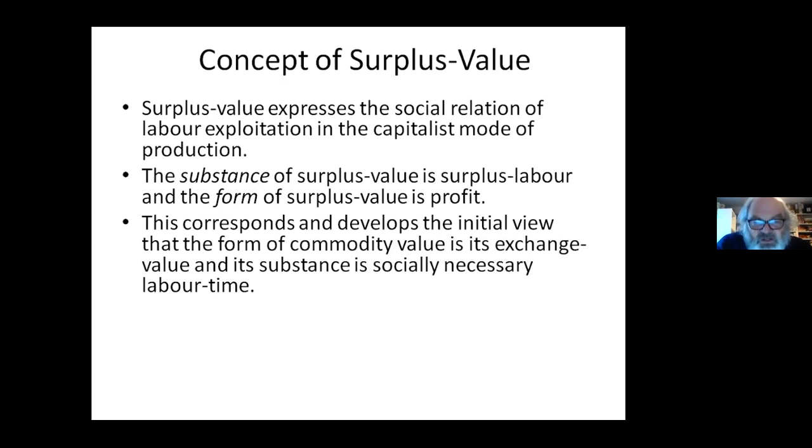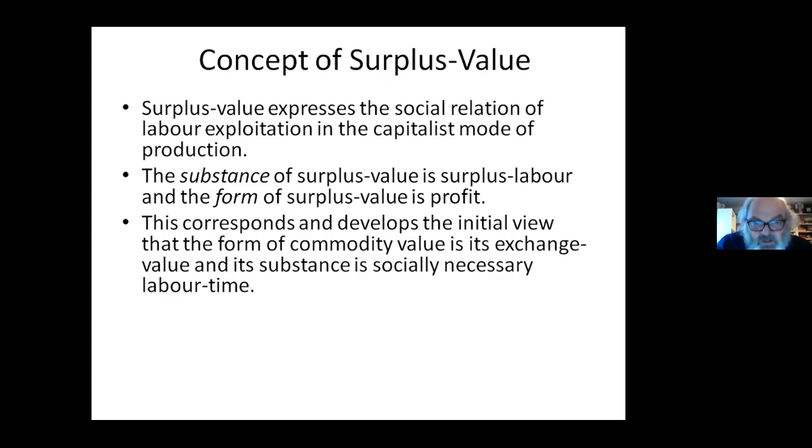What is surplus value? Surplus value is not just a thing. It's actually a social relation. Surplus value expresses the social relation of labor exploitation in the capitalist mode of production. So, in a quite similar way to Marx's reading of value as having both a substance and a form, so surplus value has both substance and form, and they're not the same.